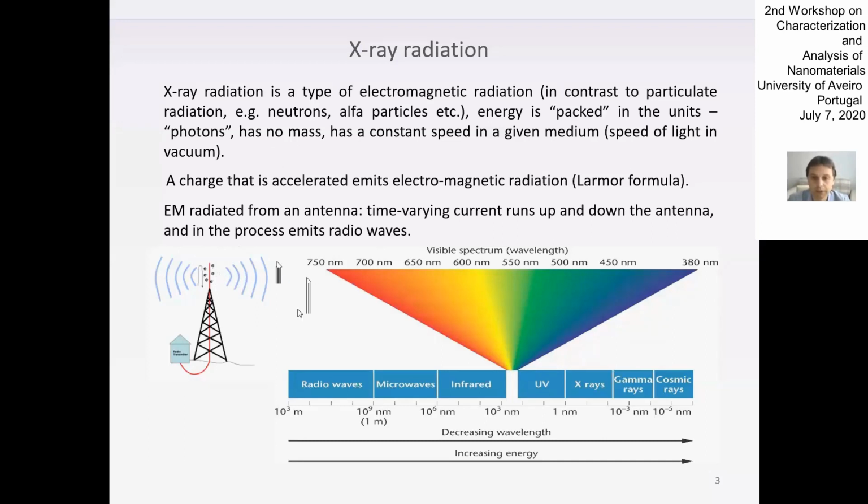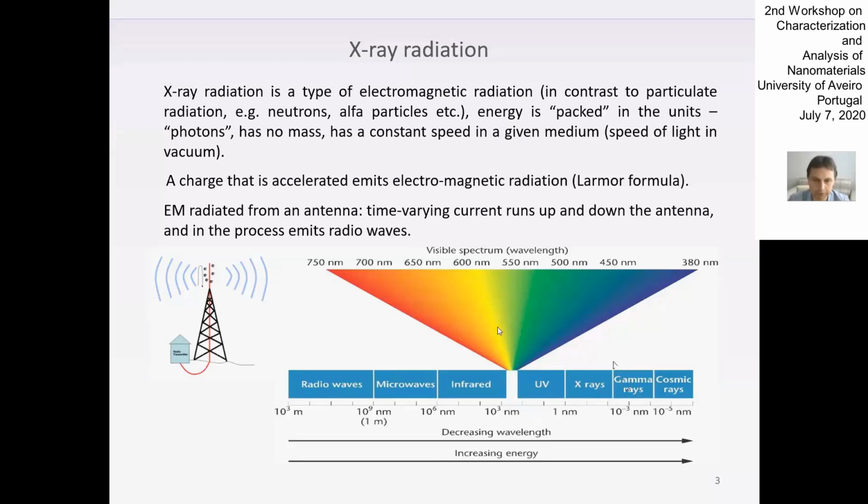Looking at the energy bar, depending on the energy of the radiation, we can distinguish radio waves, microwaves, infrared, our visible spectrum, which is quite a narrow stripe on this energy bar, ultraviolet, X-ray, gamma, and cosmic rays.